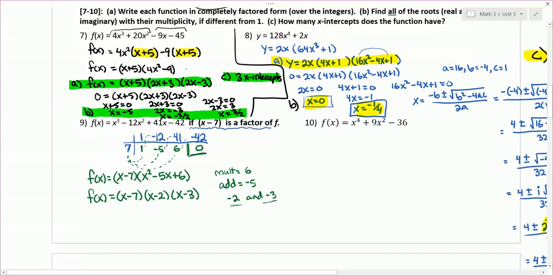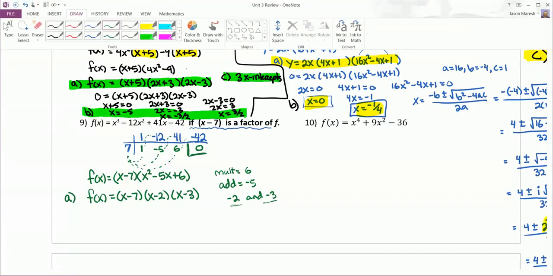That's a shortcut. The longer way and the process that shows why this works would be splitting that negative 5x into negative 2x and negative 3x, and then to factor by grouping, and we'd end up with this result. It's a bit more work, so we're taking the shortcut here. So that's part A. We have fully factored over the integers f of x.